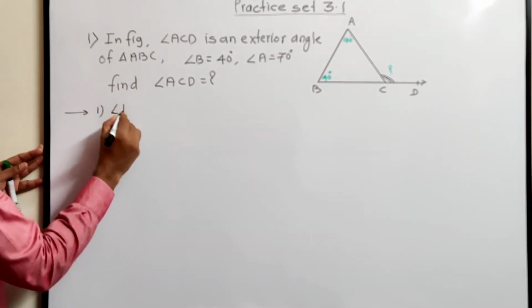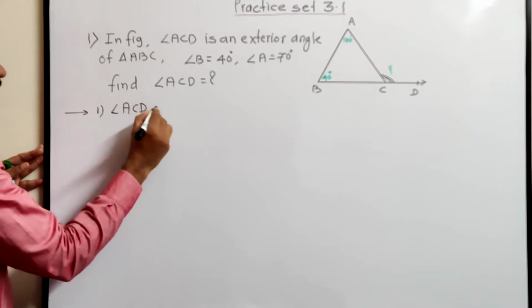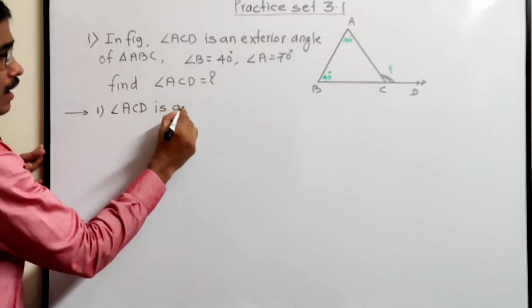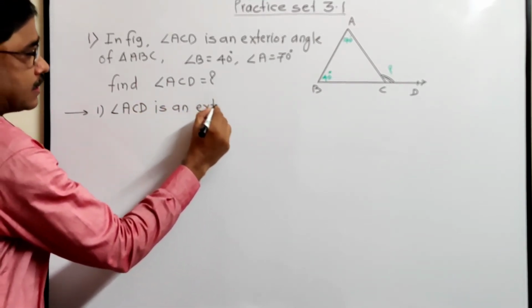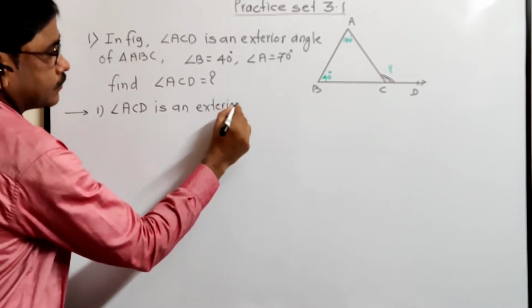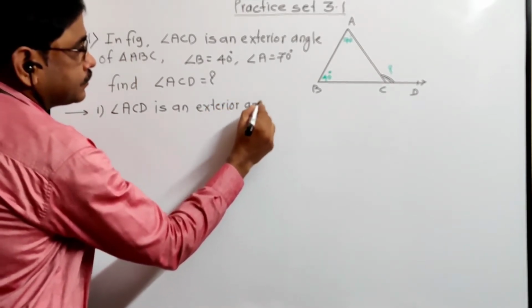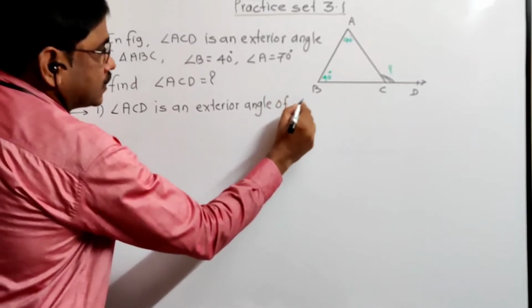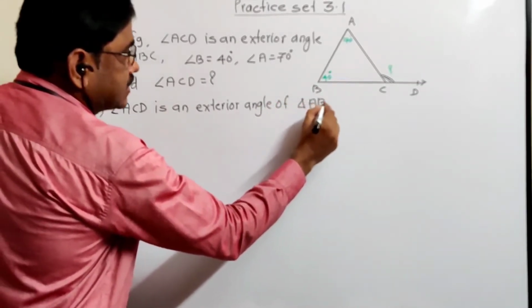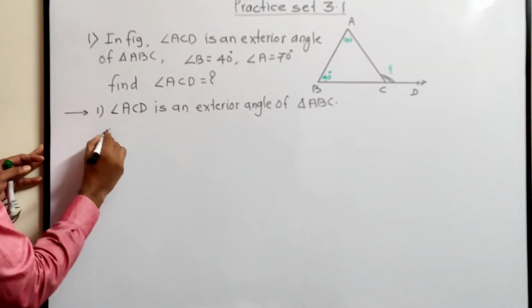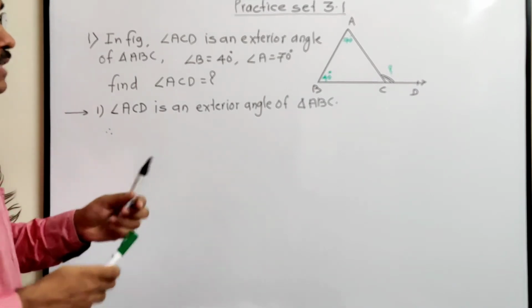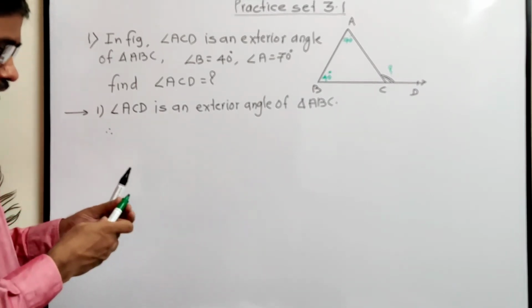Here, how to write the answer? Let us see. Angle ACD is an exterior angle of triangle ABC. Therefore, what can we write? Use that remote interior angle theorem. What is that theorem?